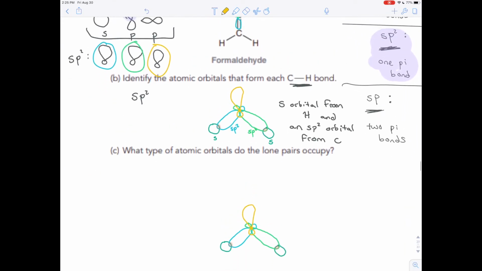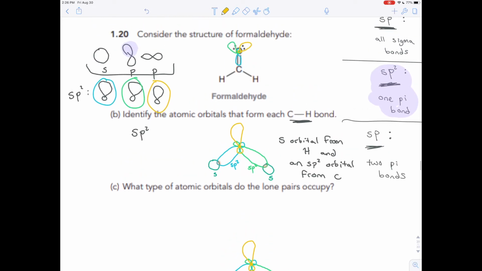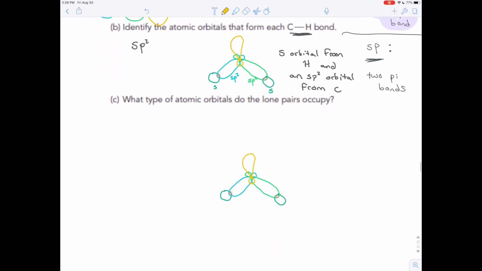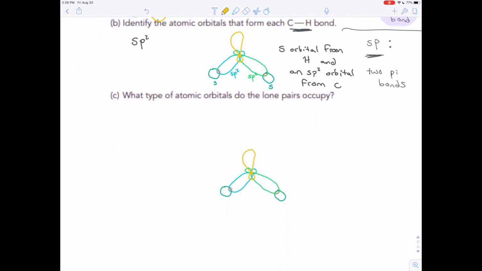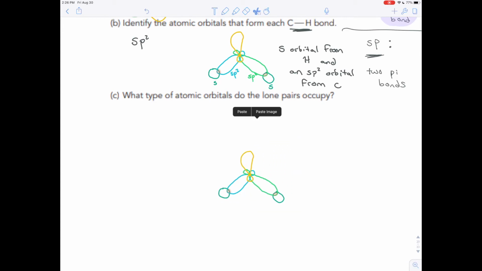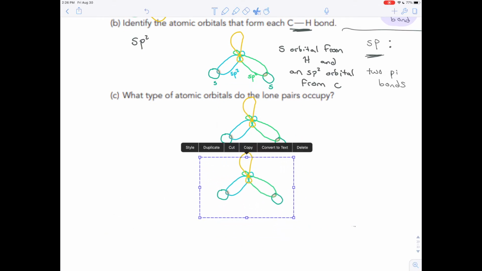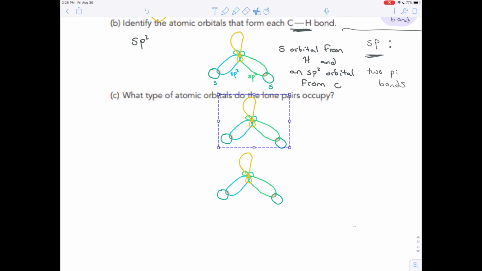So with carbon, two of the sp2 orbitals were going to form bonds. But in this oxygen, two of the sp2 orbitals are going to be the places where the lone pairs are flying around. So because oxygen is sp2, it's also going to have these three orbitals.